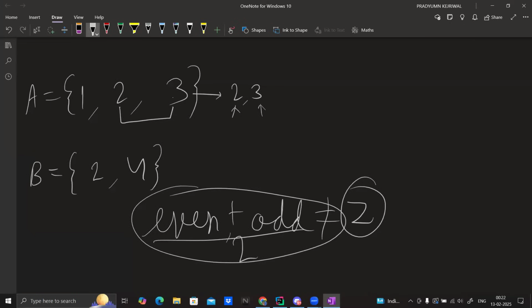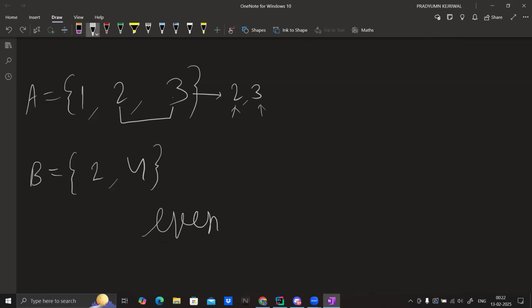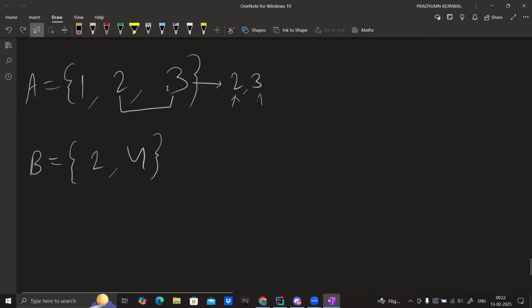But what if all of them have the same parity? Like what if all of them are even or all of them are odd? Then what we can say is that all subsequences of length 2 are actually integral. Not good, but they are integral. The average is integral, right?